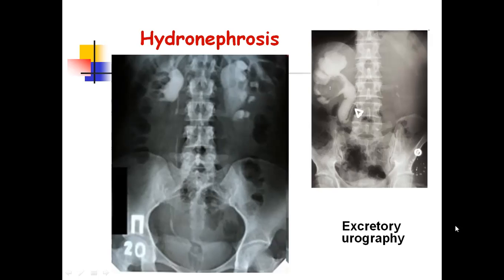Plain X-ray film, two examples of excretory urograms with hugely enlarged pelvis of kidney from one side, on the right here, and on the left here, and on the right here, with the level of obstruction in the initial part of the ureter here, and in the middle part of the ureter here.